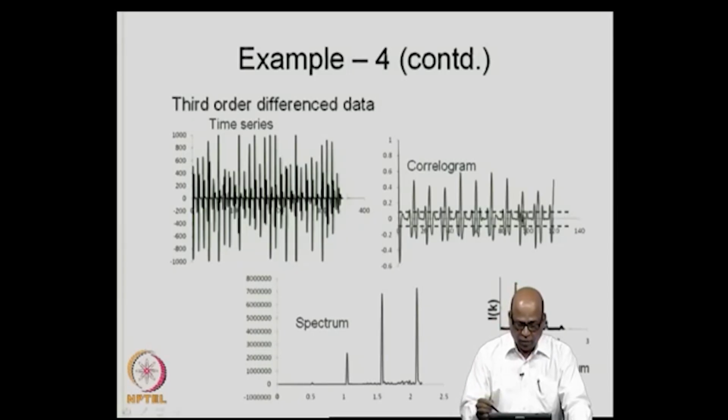So, these are your significance bands. So, it indicates that there are still periodicities present here, and even the spectral density shows that there are periodicities present in the data.